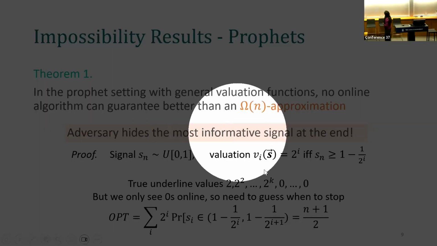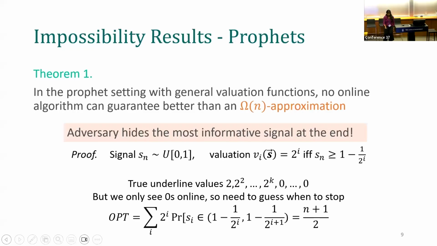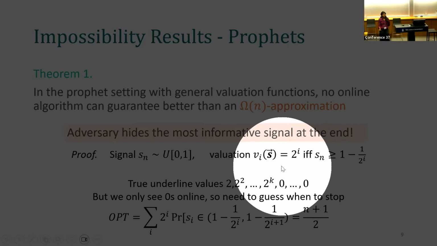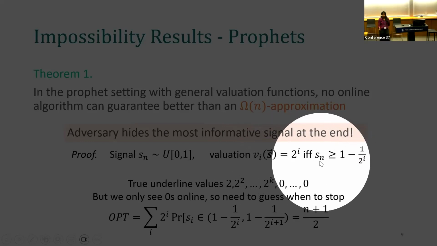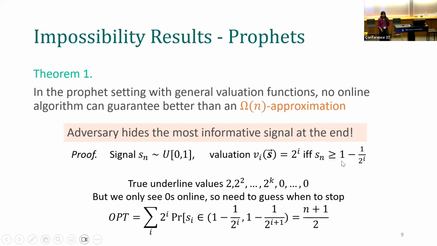is going to be 2 to the i, non-zero only when Sn is greater than 1 minus 1 over 2 to the i. So agent i's value is going to be 0 when Sn is smaller than 1 minus 1 over 2 to the i, and it's going to be equal to 2 to the i when Sn is greater than 1 minus 1 over 2 to the i.